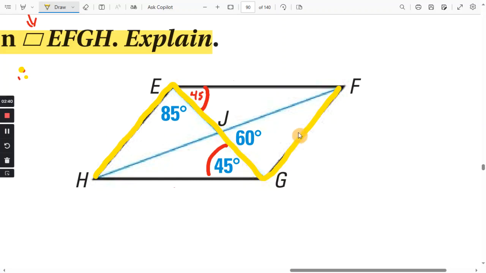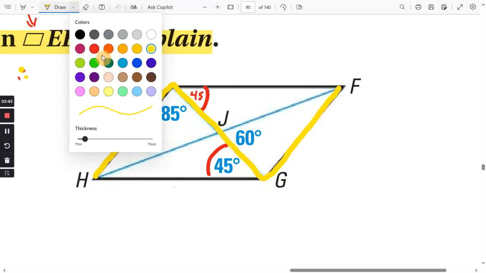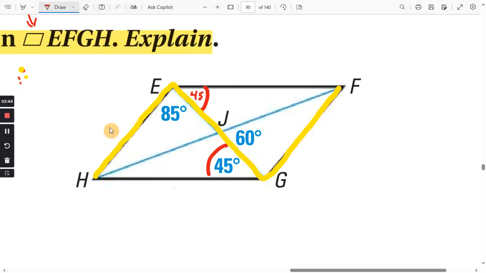I use the left and right parallel lines, and this angle here and this angle here, I'll use two markings because I used one marking for the other angle. These are alternate interior angles, and alternate interior angles are congruent. So this one here is also going to be 85.